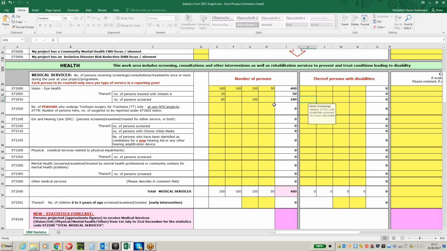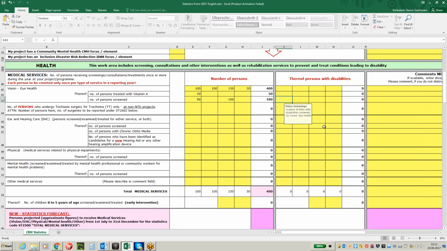Then we go to the next columns of the same section, the medical services, which is thereof persons with disabilities, which means this 400 is the total. We go by each column. There are 100 men totally registered. Out of these 100 men, how many are persons with disability?